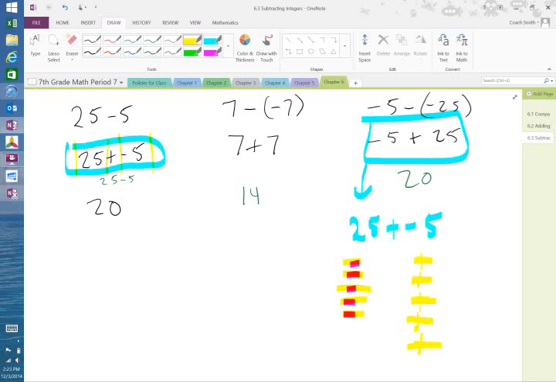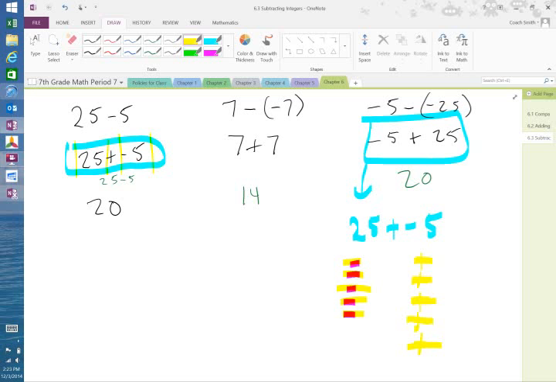Okay, now, look at number 2. Everybody look at number 2. On number 2, it says match the subtraction expression with the equivalent addition expression.